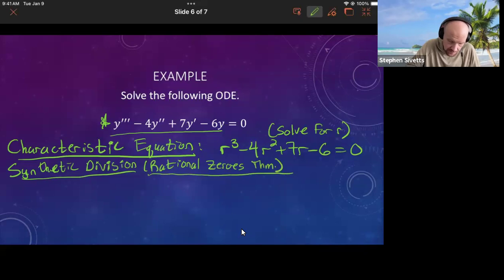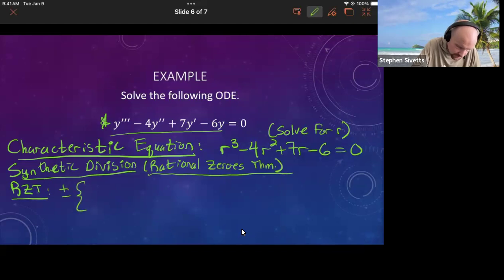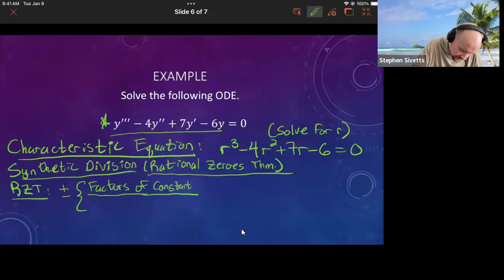Rational zeros theorem. Now, the rational zeros theorem, right? So the factors of a polynomial could possibly be plus or minus the factors of the constant in your polynomial divided by the factors of the leading coefficient.